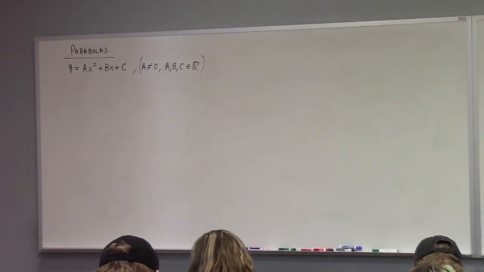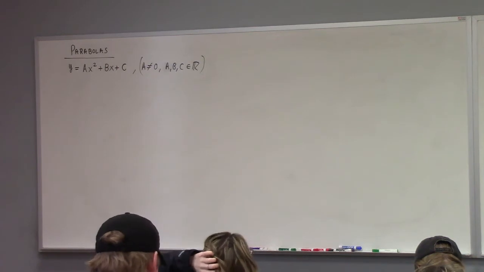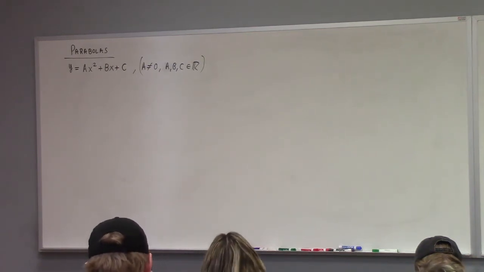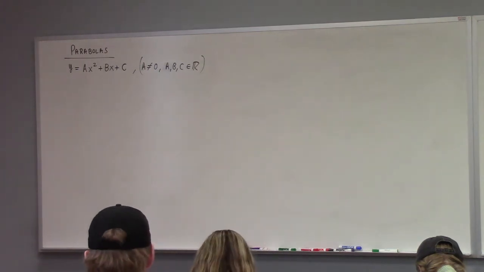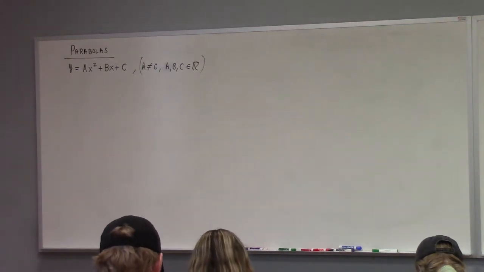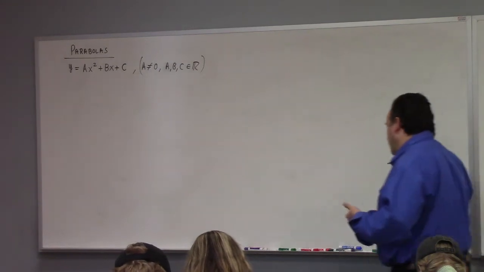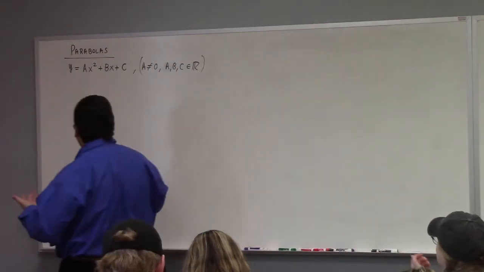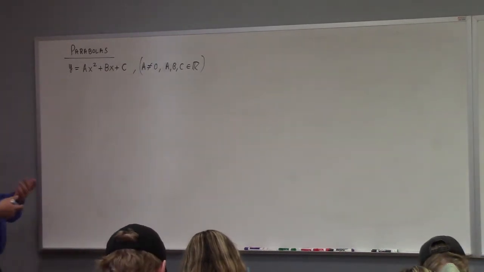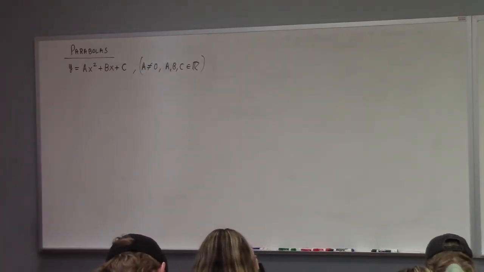If this is the case, you've got a parabola. It either opens up or opens down. And of course, we'd like to characterize it. So some things we're going to look for: the vertex, the x-intercepts, the y-intercept, these sorts of things, okay?